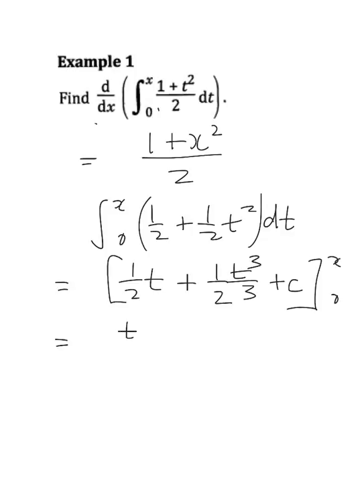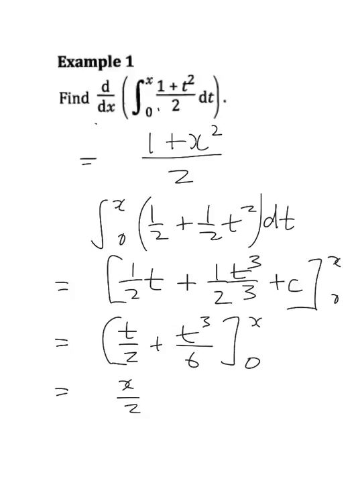So really we've got t over 2 plus t cubed over 6. Substituting in, we've got x over 2 plus x cubed over 6, and then minus, substitute 0 in there, you can see that we're going to get 0.